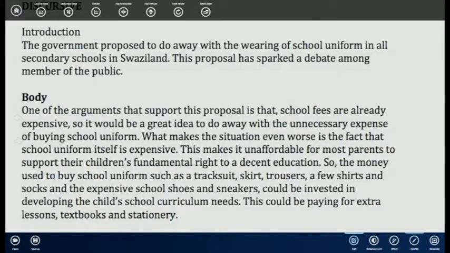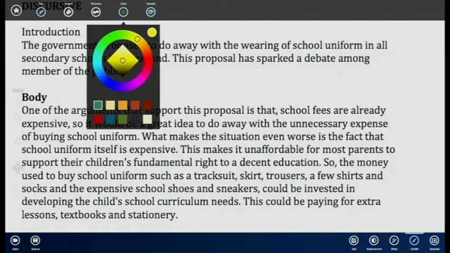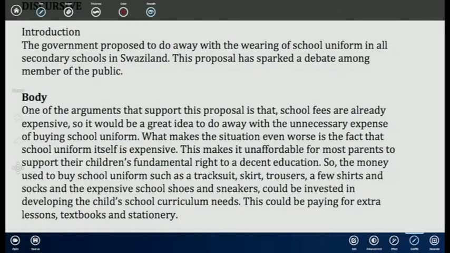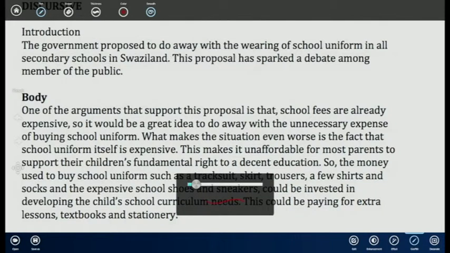So we're going to first look at the introduction for a discursive essay and see what is contained in it. Here we've got the introduction as maybe the title of the writing.